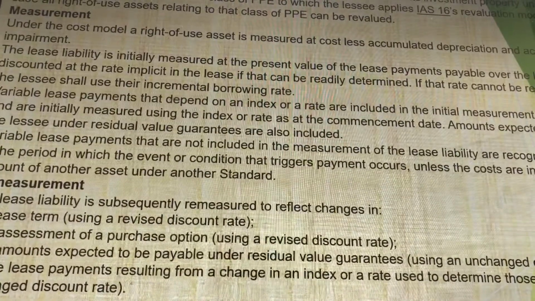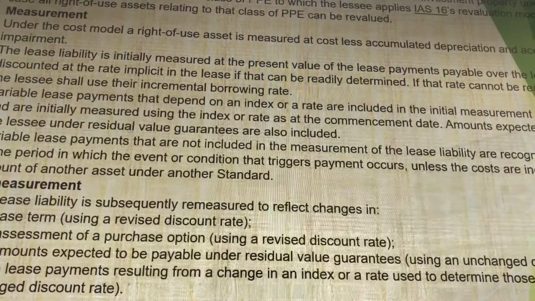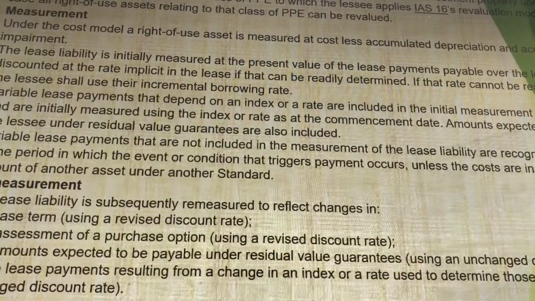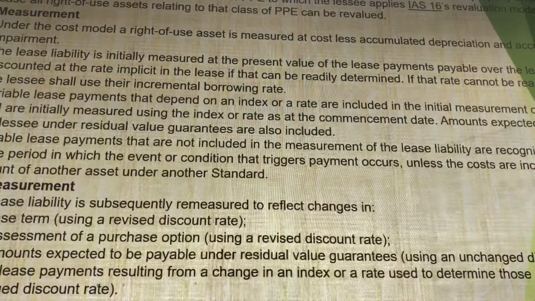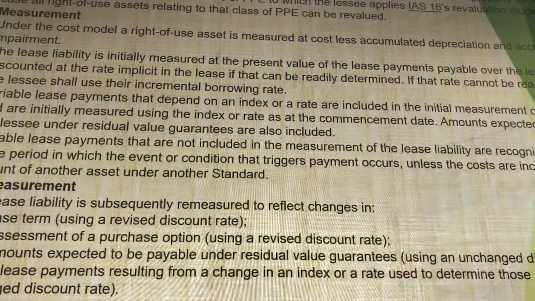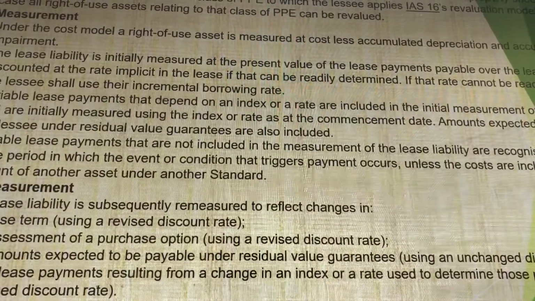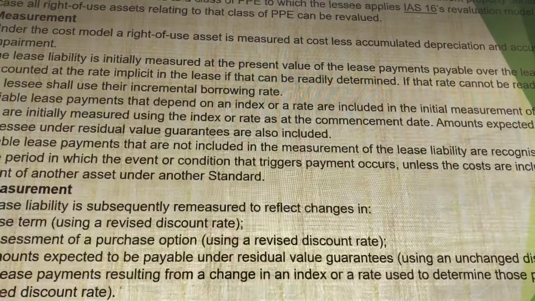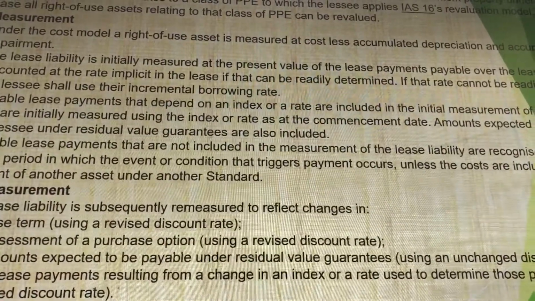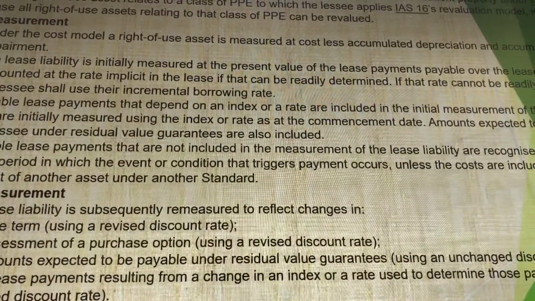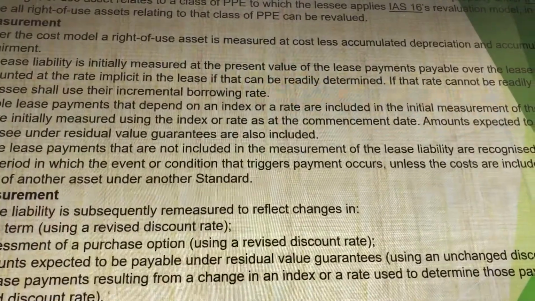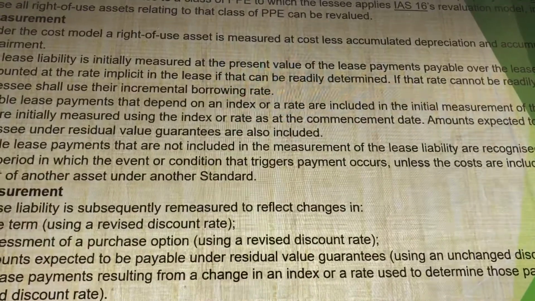The lease liability is initially measured at the present value of the lease payments payable over the term of the lease, discounted at the rate implicit in the lease. We can include variable lease payments that depend on an index or rate in the initial measurement of the lease. We can also remeasure the lease.